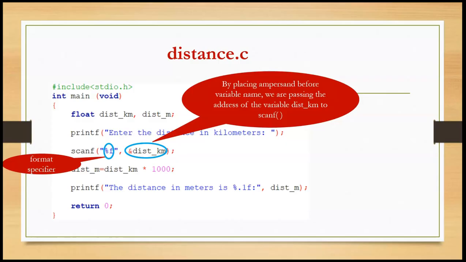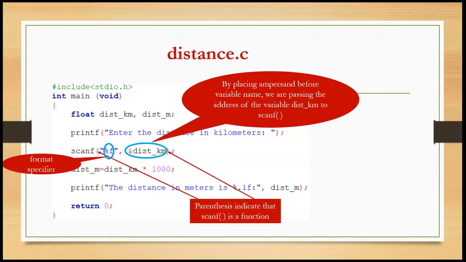By placing an ampersand before the variable name, we are passing the address of the variable dist_km to the scanf function. Parentheses indicate that scanf is a function.